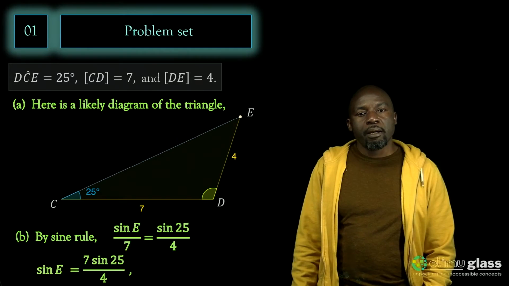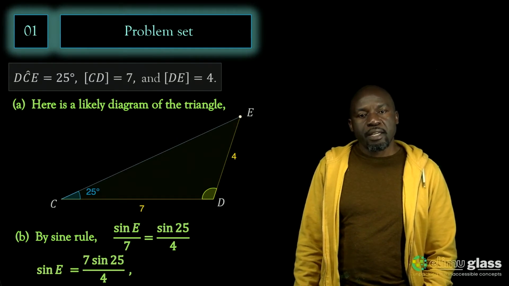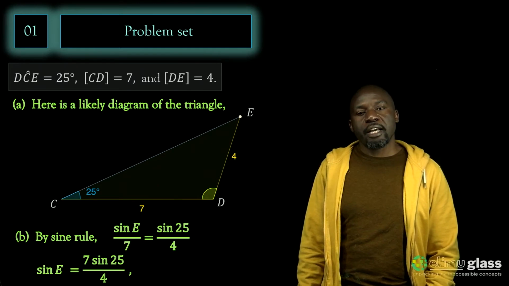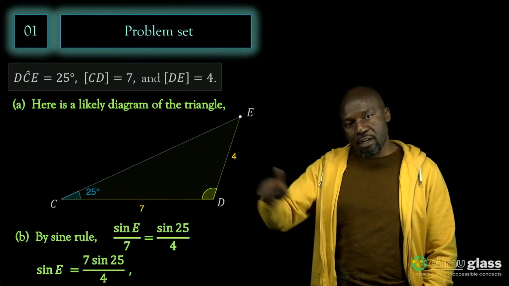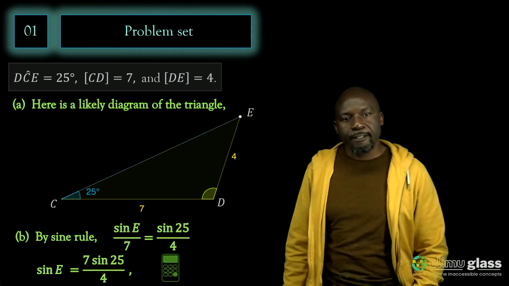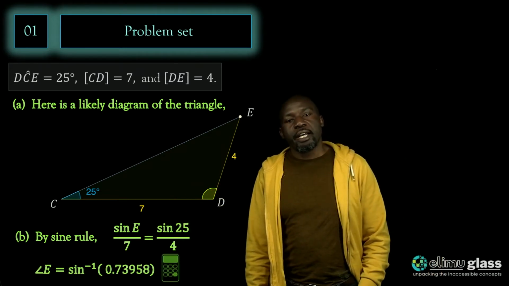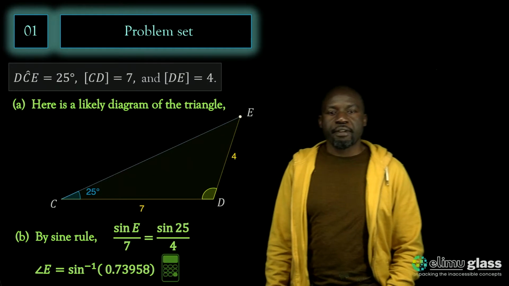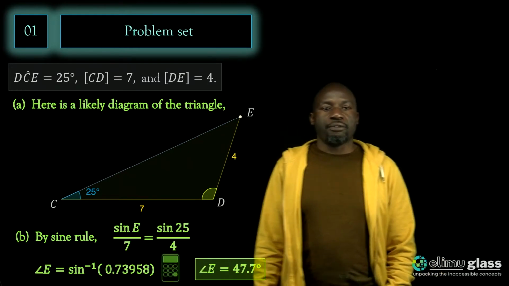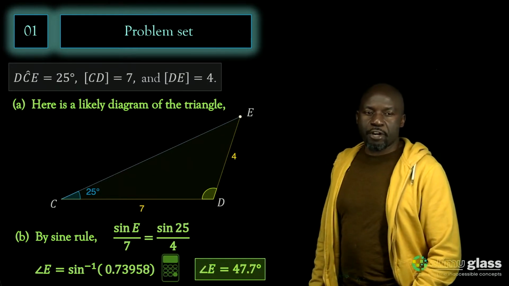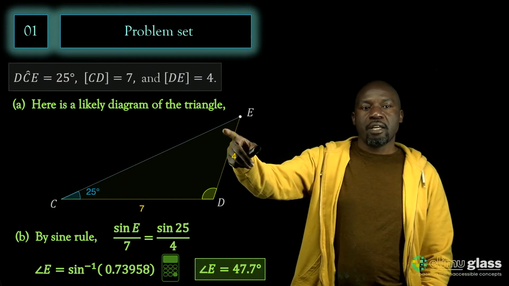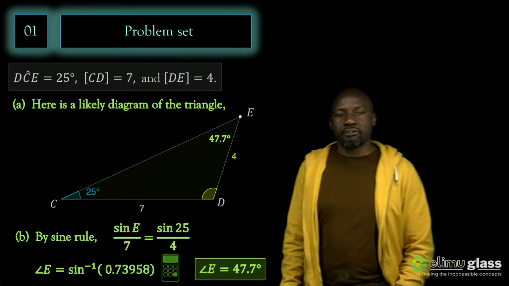If we rearrange, make sine E the subject of the formula and use a calculator, we can find E directly by taking the inverse sine of the expression on the right-hand side. We get 0.73958, and the angle whose sine is 0.73958 should be 47.7 degrees. Try it out and confirm that's the angle. So that's telling us that this angle here is 47.7 degrees.